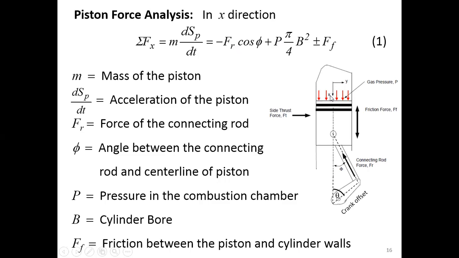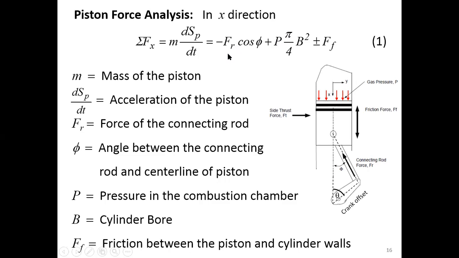The x direction is here, and the y direction is here. So we set our coordinate like this on our piston, with the x direction in the vertical direction and the y direction in the horizontal one.